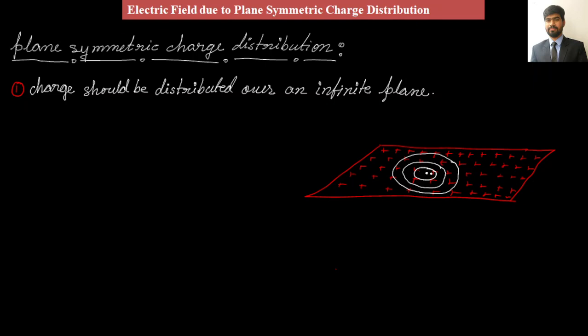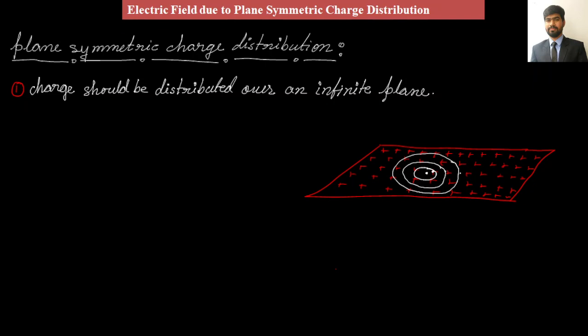Now the charge density will be the same at every point on the circle when the charge density is uniform. That means if the charge density everywhere on this plane is constant, then only you will see the charge density on this circle will be the same.